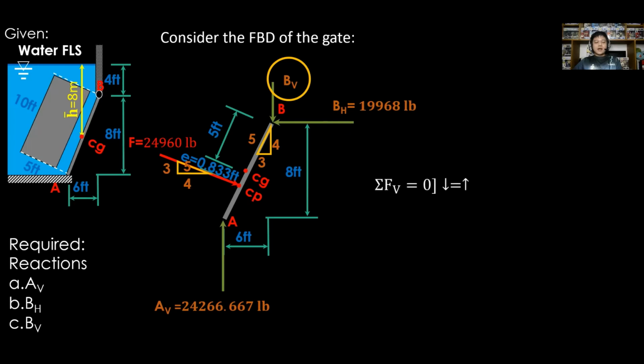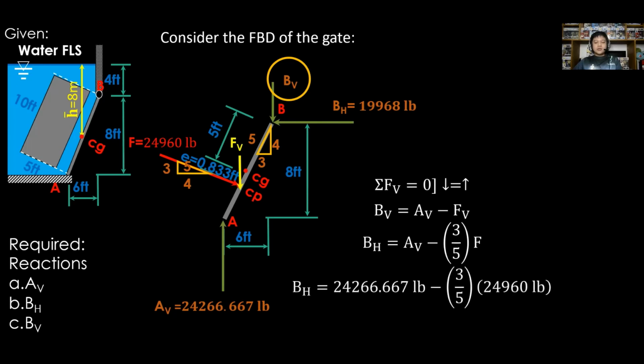Last is to apply the sum of forces along the vertical, which is equal to 0. Downward is equal to the upward force. The downward forces are BV and FV, but transpose FV to the other side of the equation. Then the upward force is A sub V. So using the component ratio that is 3 over 5 for the vertical force of F, and substituting the value of F, BV is equal to 9,290.667 pounds.